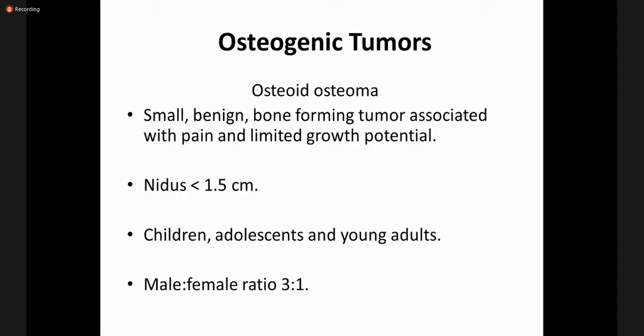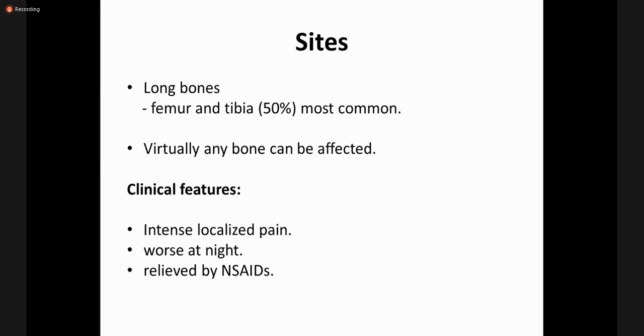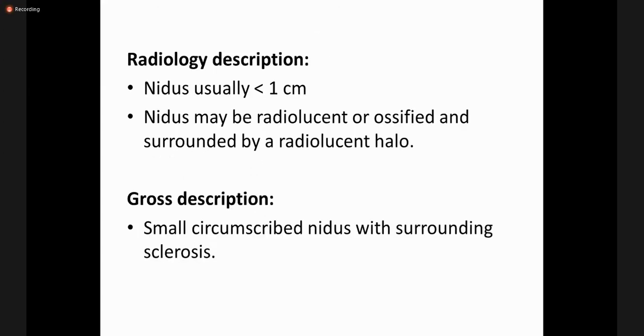Then radiology for this tumor: it has a nidus, which is the radiolucent or ossified area in bone surrounded by a radiolucent halo, and this nidus is usually less than 1.5 or 1 centimeter. And again, there is another benign bone tumor, the osteoblastoma, which also has a nidus, but usually it has a larger nidus, more than 1 centimeter.